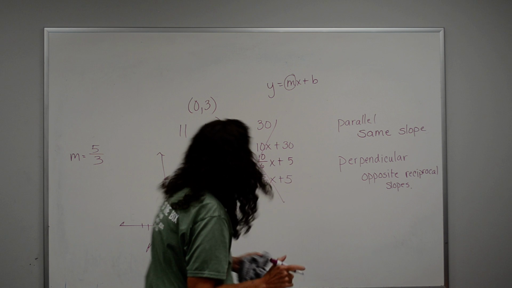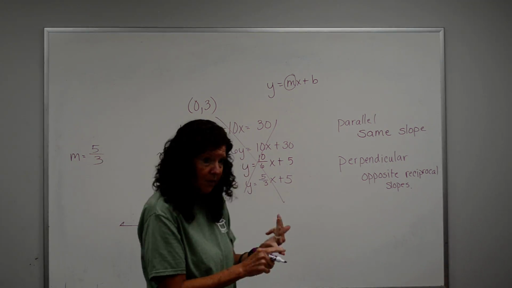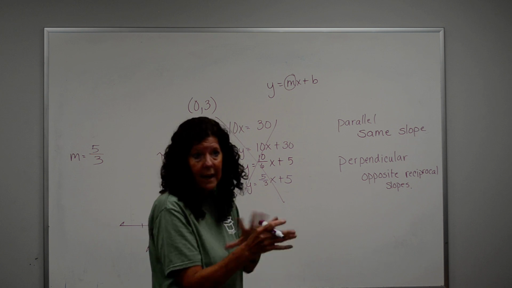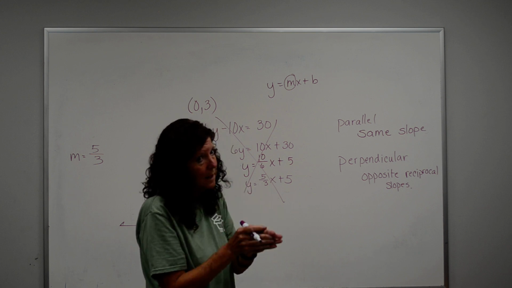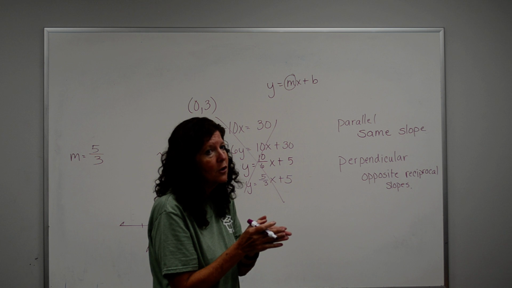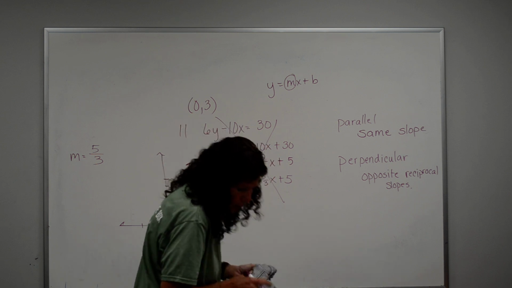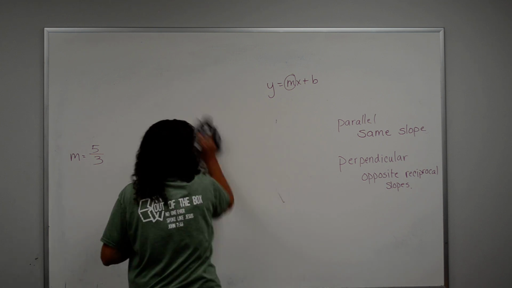All right, basically this whole section had to do with finding the slope, graphing with the slope, and understanding that if they say parallel, you're talking about the same slope. If they say perpendicular, you're talking about opposite reciprocal slope. However, you have got to often put it in the right form.